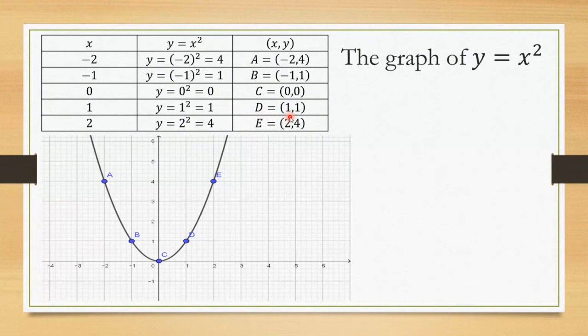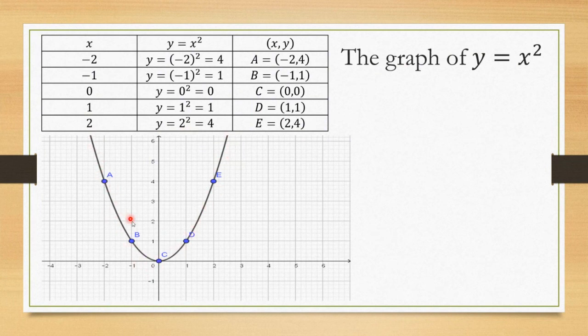So this is on the graph. And finally, when x is 2, 2 squared is equal to 4. That's also on the graph. Notice also, this is what the graph of y equals x squared is. This is a parabola.